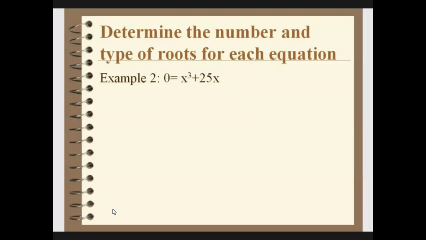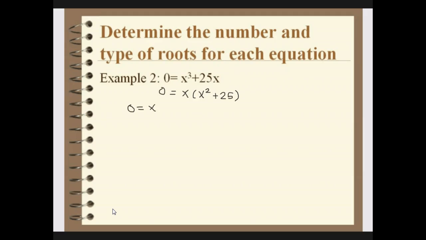Example number 2. We have 0 equals x cubed plus 25x. So the first thing I'm going to do is take out my GCF. So that leaves me x squared plus 25. So then we're going to set each factor equal to 0.